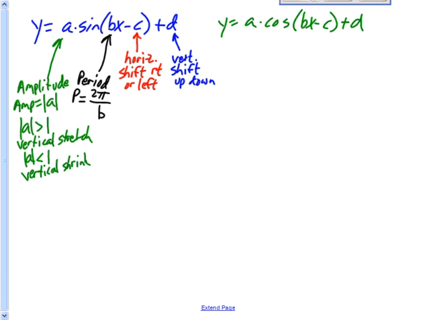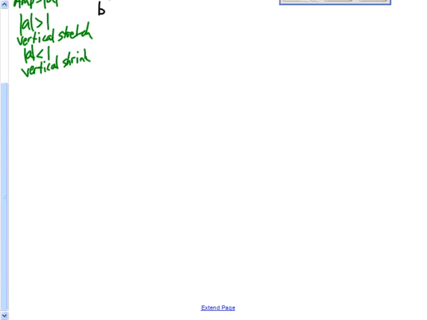So let's go ahead and sketch a few here. Let's look at 2 sine of x, for example. So you're thinking about A sine bx minus c plus d, right?